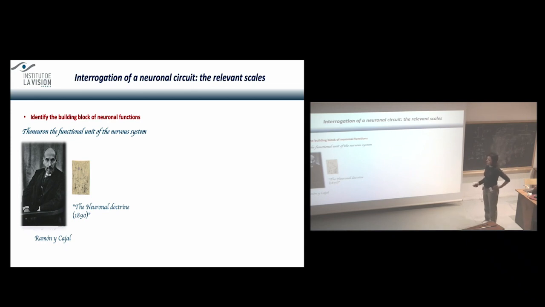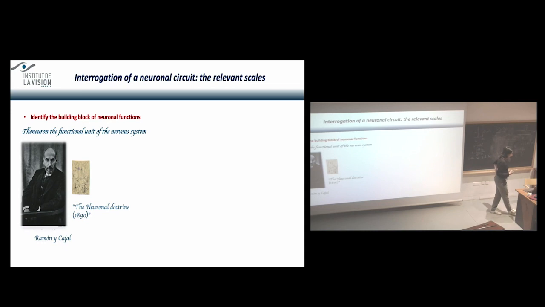We start to speak about neurons and the importance of a neuron in the circuits with the study of Ramon y Cajal, who started to predict that really the brain is made of neurons, and also to demonstrate that there are these entities in the circuits. And so at that time, the claim was that the neuron is the functional unit of the nervous system.